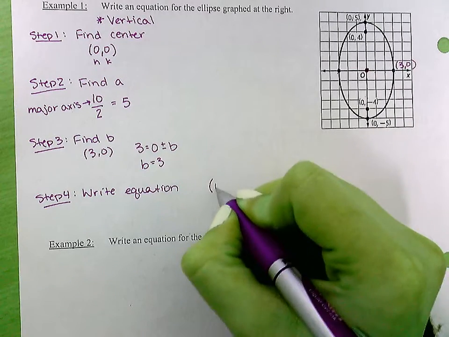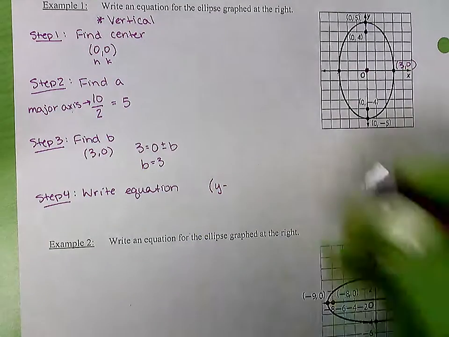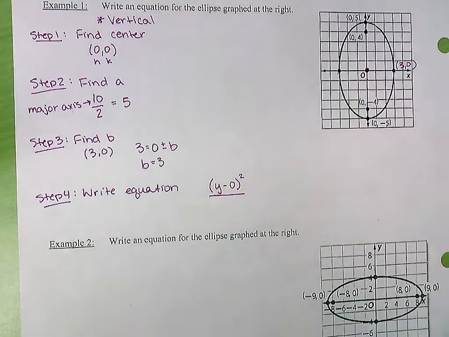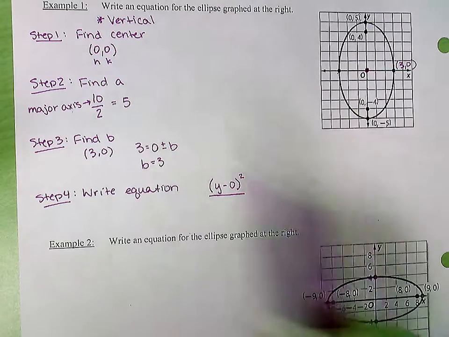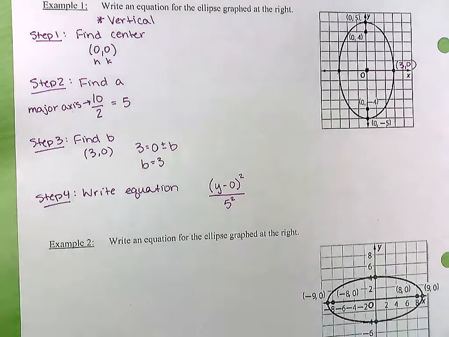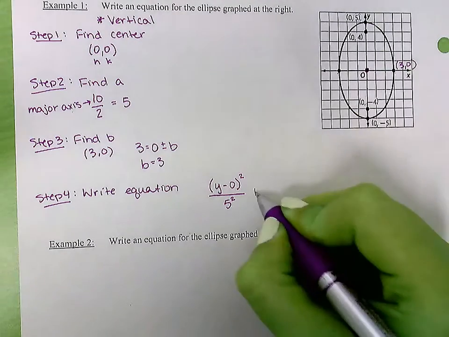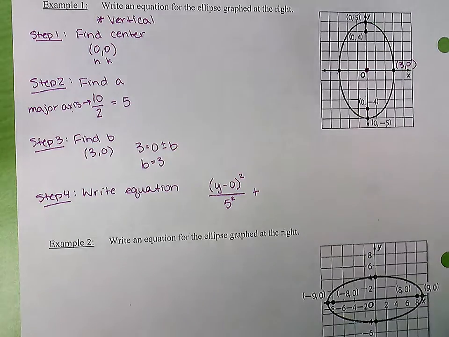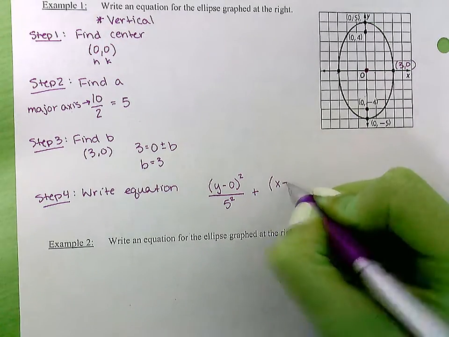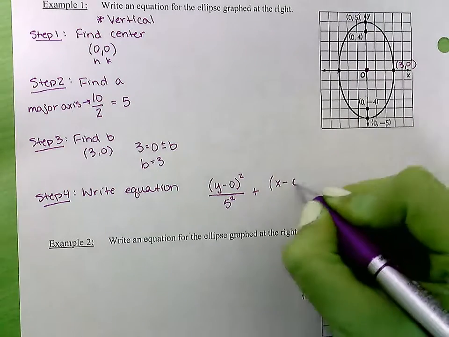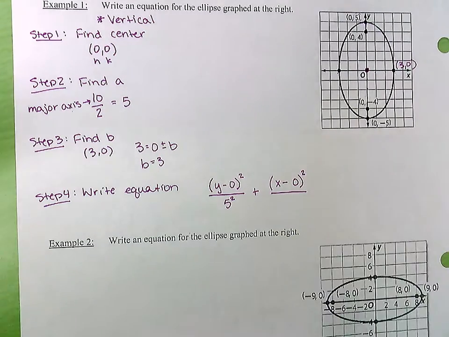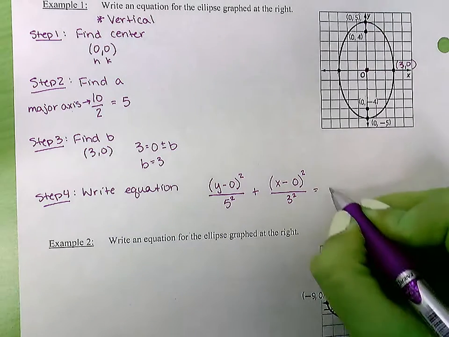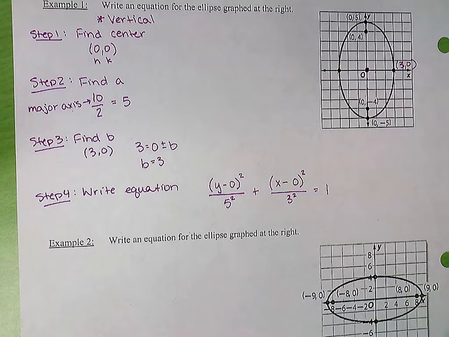So I'll take y minus k, where k is 0, squared over our a squared value. So a is 5, that's squared. With ellipses, there should be a plus between the two. Then we'll have x minus h, and h is 0, squared, over our b value, 3, squared, and our equation is always equal to 1 for an ellipse.